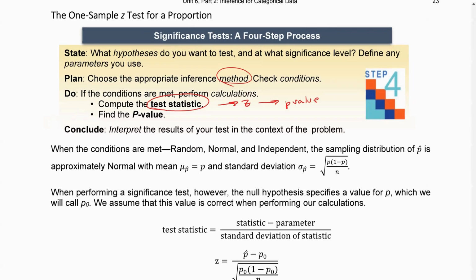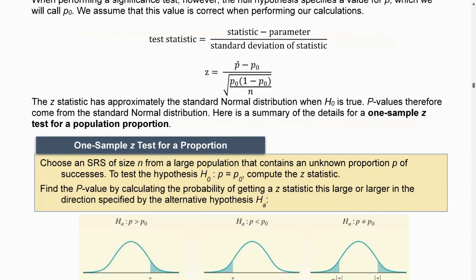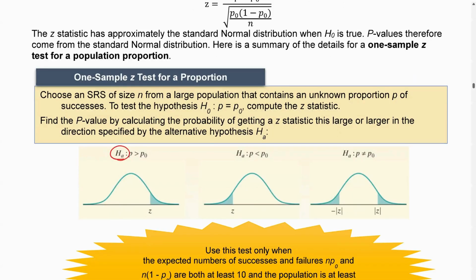Now, when we get the z-value, it is not entirely clear how to calculate the p-value. We really need to look at the HA claim to determine how the p-value is being calculated. So when we get to the point where we're calculating the p-value, we're going to look at our HA claim to determine what we're doing.